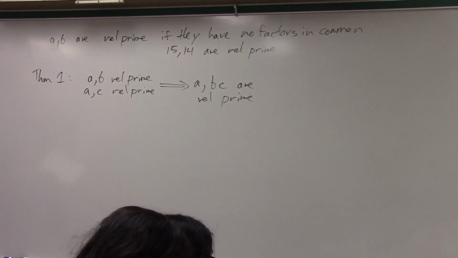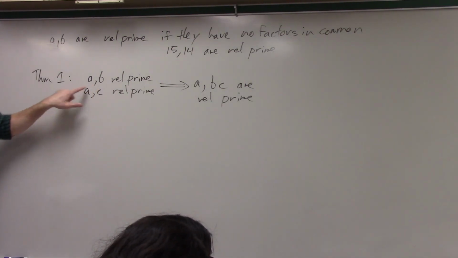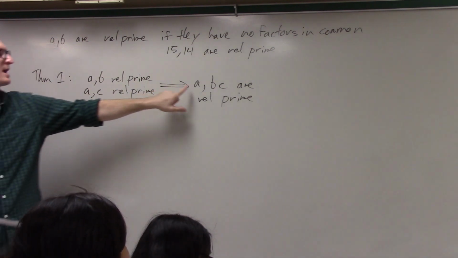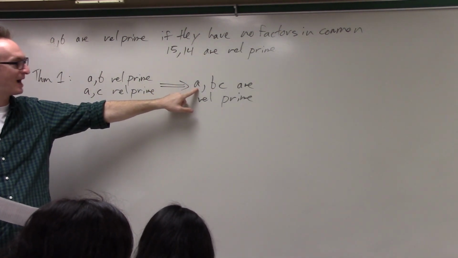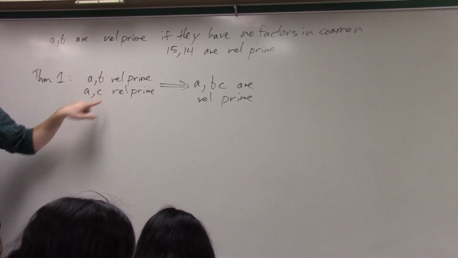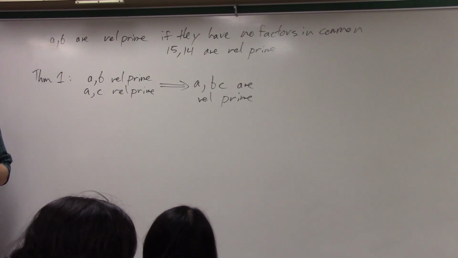If you think about that, it just makes complete sense. A and B have no factors in common, and also A and C have no factors in common, then of course A will not have any factors in common with B times C. Because what is B times C? It's just all the factors of B times all the factors of C. Is that good enough of a proof for you guys? Yeah. Alright, I'm happy with that.